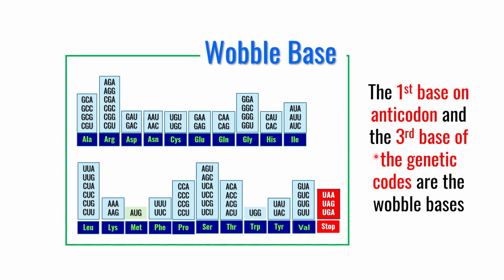The first two bases of degenerate codes are identical while the third base is variable. This variable base is known as wobble base because it can pair with the first base of the anticodon in a non-standard manner. Therefore, the third base of a degenerate code and the first base in the tRNA anticodon is wobble base. Next, we will review features of wobble base.